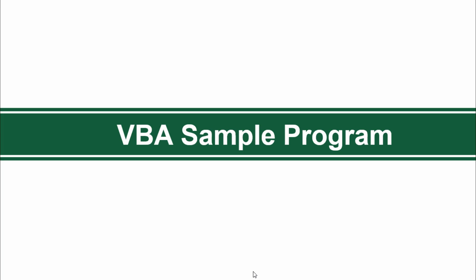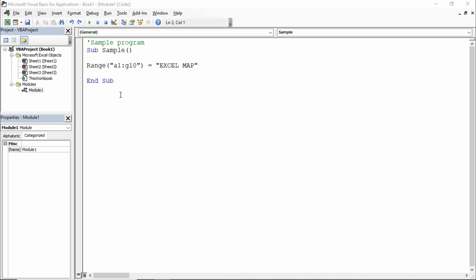Next, after writing a sample program, we'll execute that program. Now we'll see execution of a program. There are two things, F8 and F5. There is an option directly, run subject or user form. In that you can press F5, otherwise you can use a shortcut called F8.